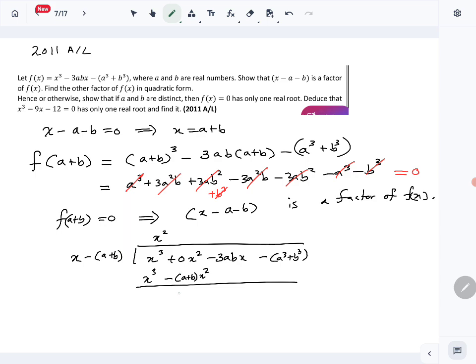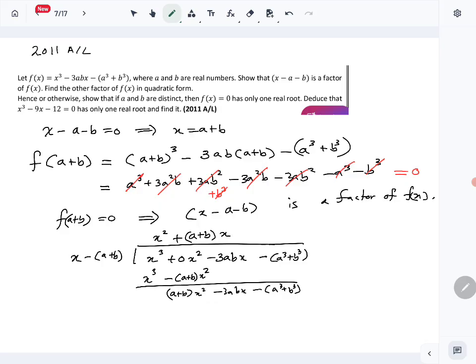Then this becomes (a + b)x² − 3abx − a³ − b³, right? Then I have (a + b)x.